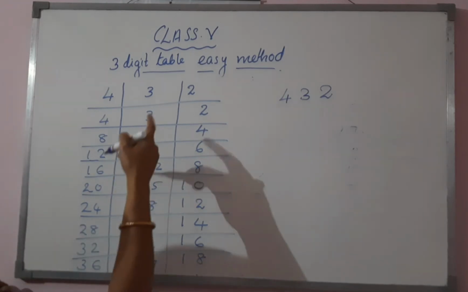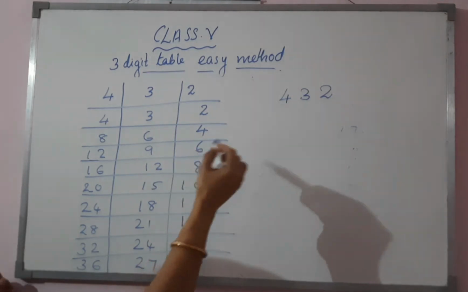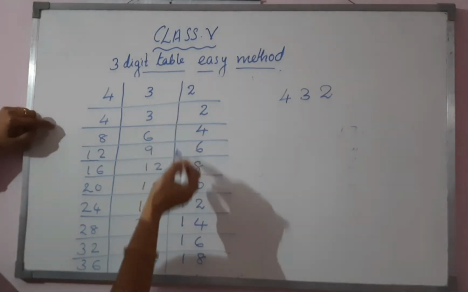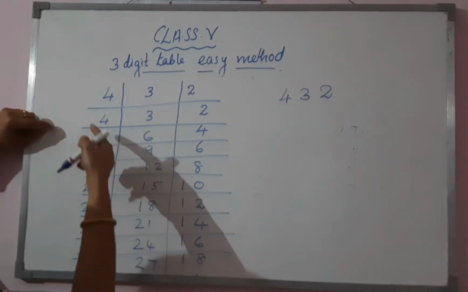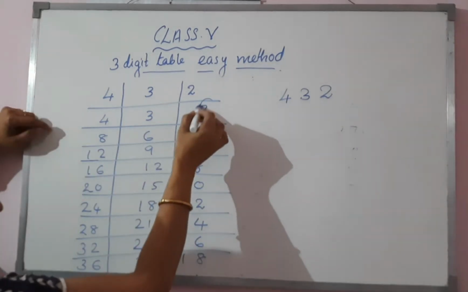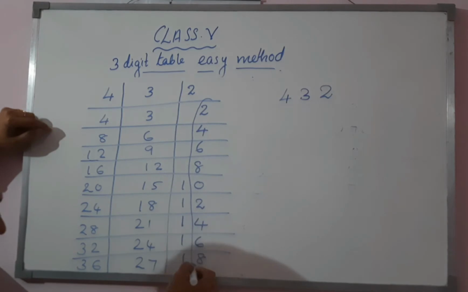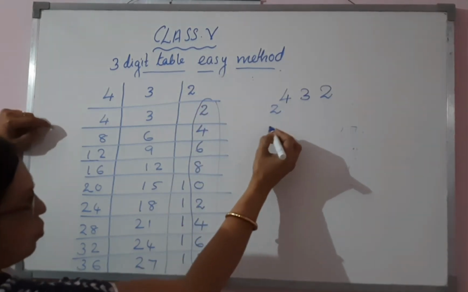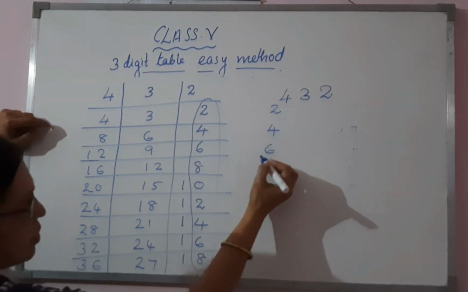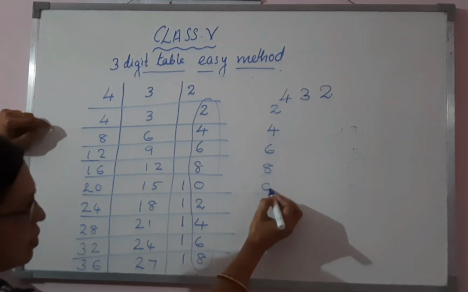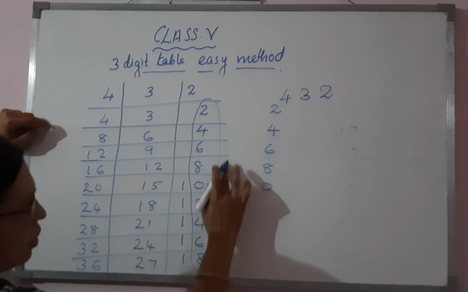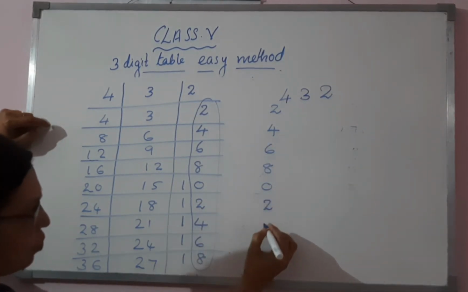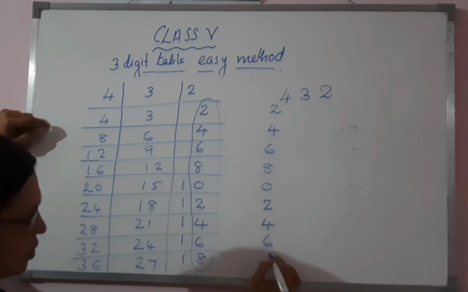So what is the first step for finding out the table of 432? See here, 2 table over, 3 table over, 4 table over. Next step, write all the ones place digits as it is. So I am writing that 2, 4, 6, 8, 0, 2, 4, 6, 8.